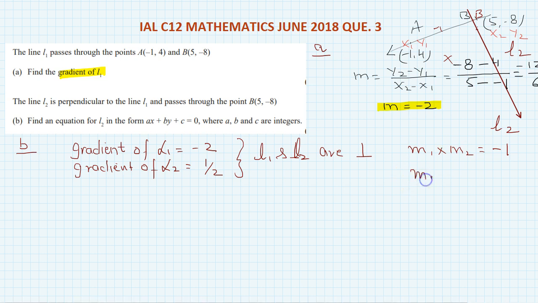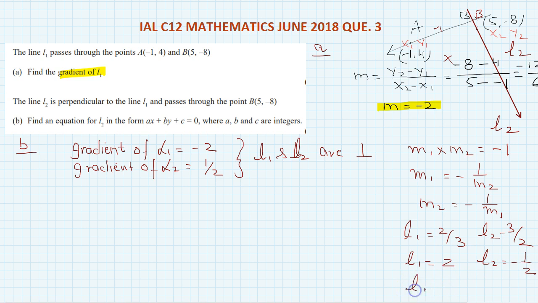Or we can say m1 is equal to -1 over m2, or m2 is equal to -1 over m1. For example, if the gradient of L1 is 2 over 3, the gradient of L2 will be -3 over 2, so that when we multiply we get -1. If the gradient of L1 is 2, the gradient of L2 is -half. If the gradient of L1 is -1 over 6, the gradient of L2 is 6. In all these cases, the product is -1.